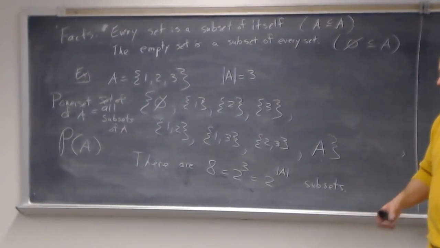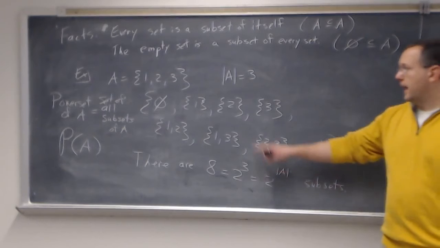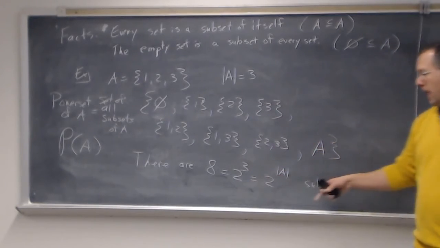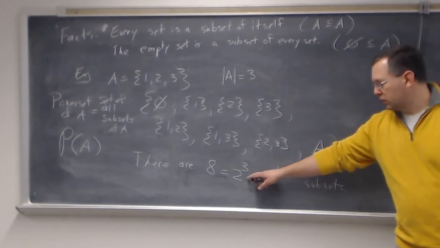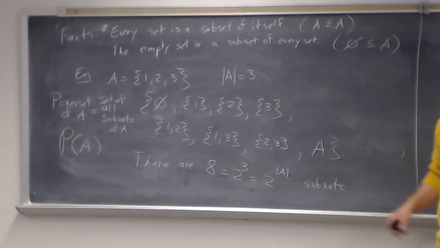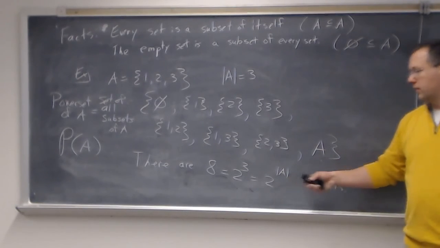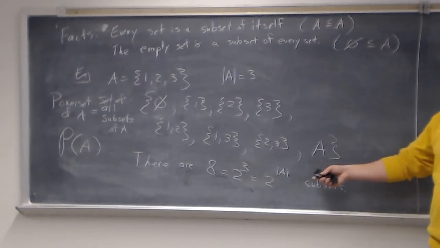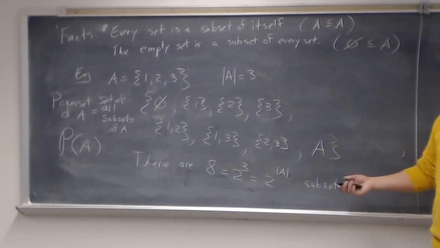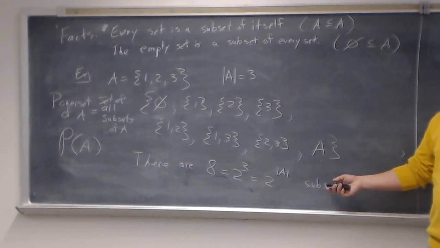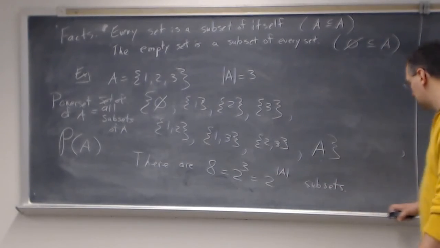So remember A had 3 elements. Turned out there were 8, or 2 cubed, 2 to the size of A subsets. So if there's 2 to the size of A subsets, then that's the size of the power set. That's how many elements there are of the power set.